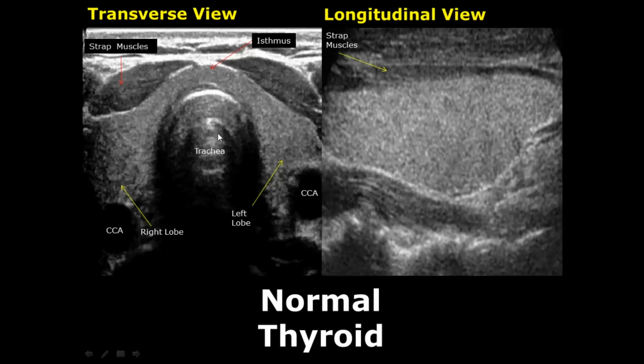And over here is the trachea. It is having shadows due to presence of air, and anterior to the thyroid are the strap muscles. These are the strap muscles, and these anechoic regions are the common carotid arteries in cross section.